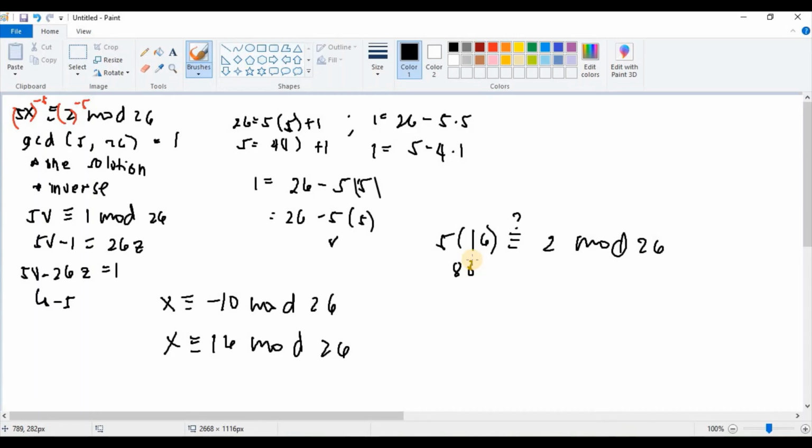So, 26 times 3, 78. Yan, 78. Tapos, dun sa kabila, 80. Kaya tama naman. 80 is congruent to 2 mod 26. Okay? Therefore, our answer is x is congruent to 16 mod 26. I hope that is clear.